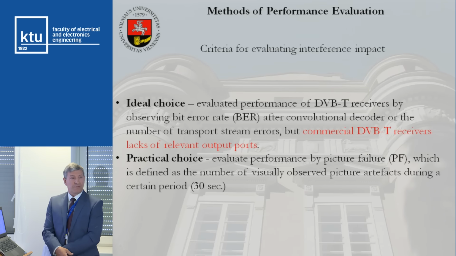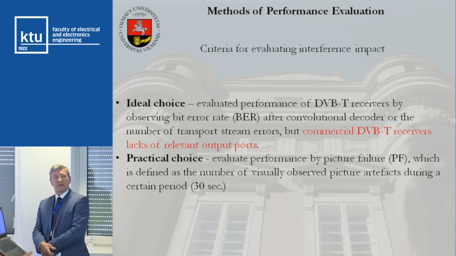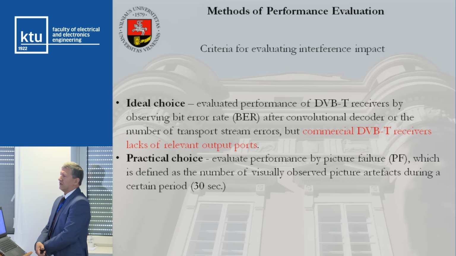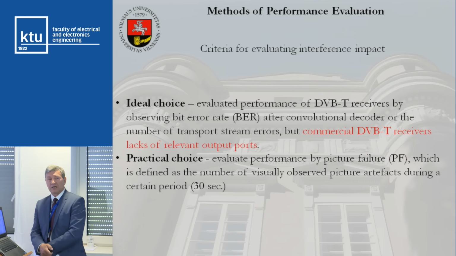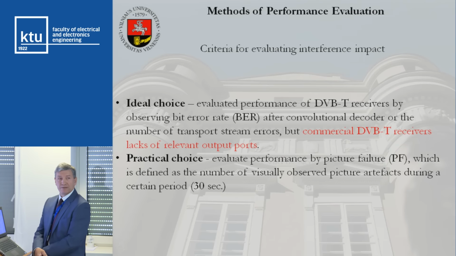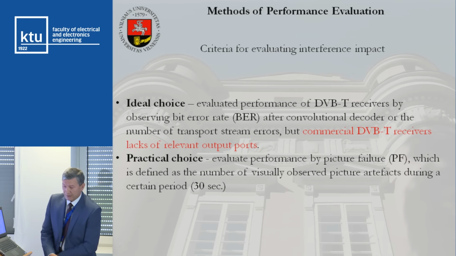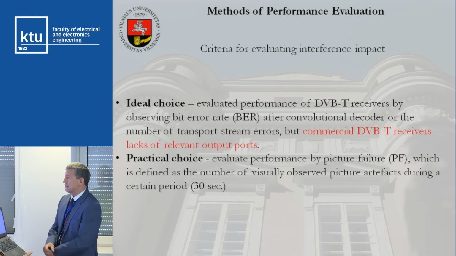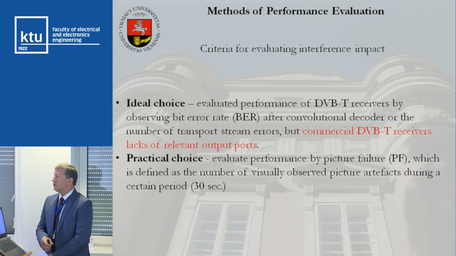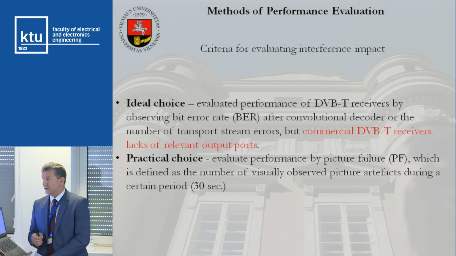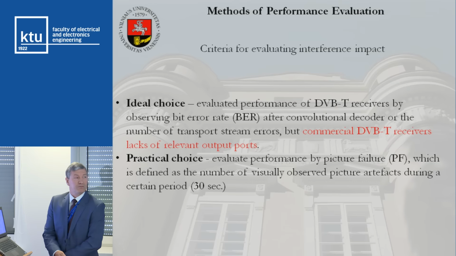So instead, performance of DVB-T receivers was evaluated by observing picture failure events, which are defined as the number of visually observed picture artifacts during a certain period. We used 30 seconds. This is the standard time.